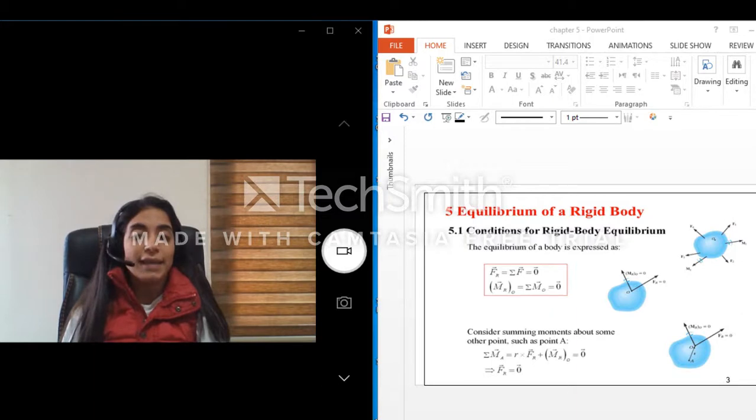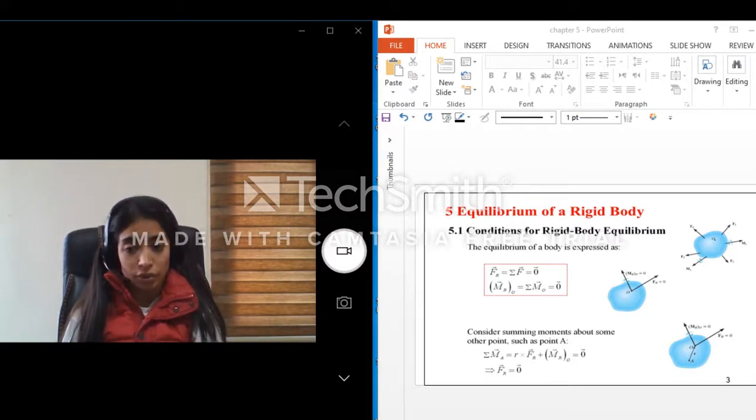Equilibrium, guys, means that the sum of forces applied on this body should be equal to 0, and the sum of moments applied on this body should be equal to 0.